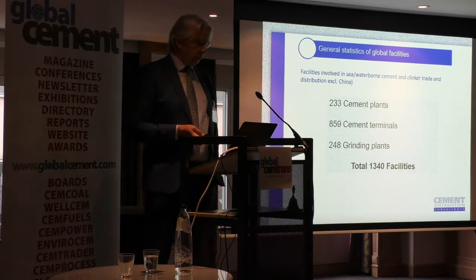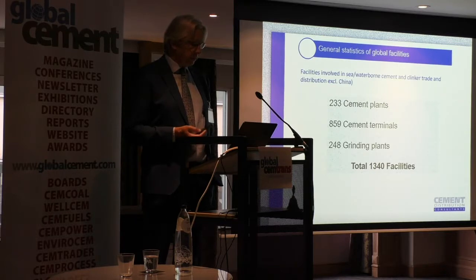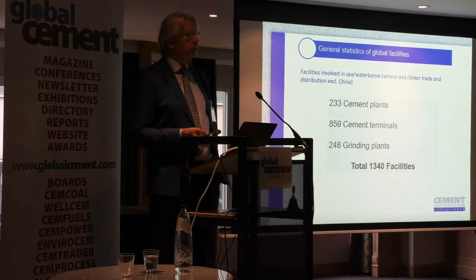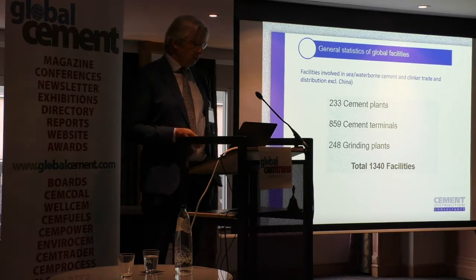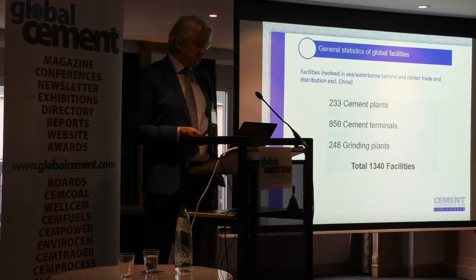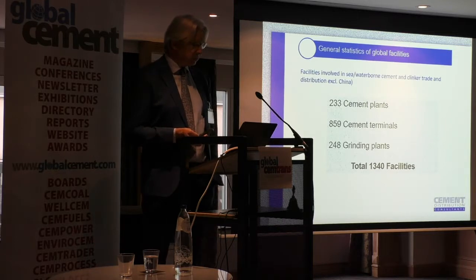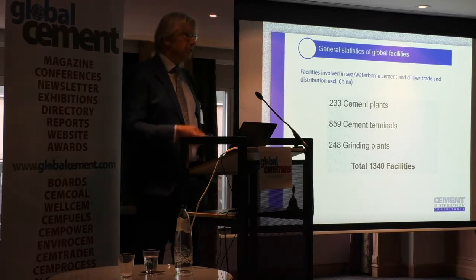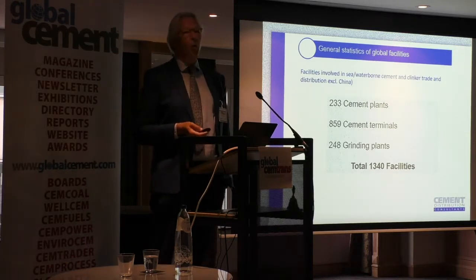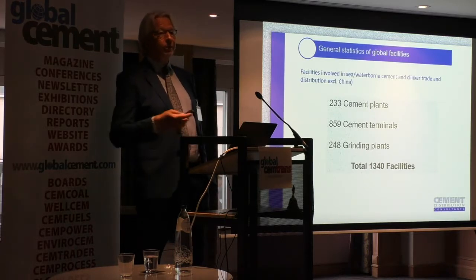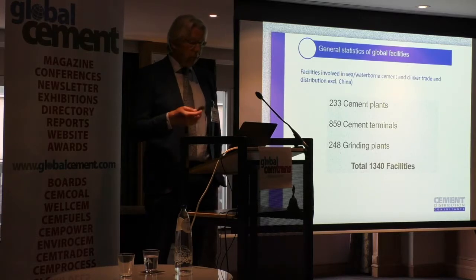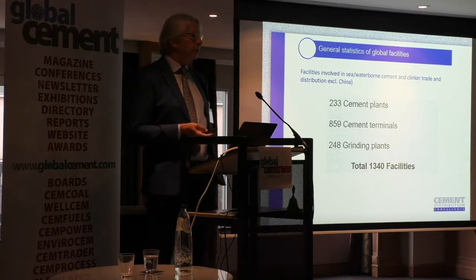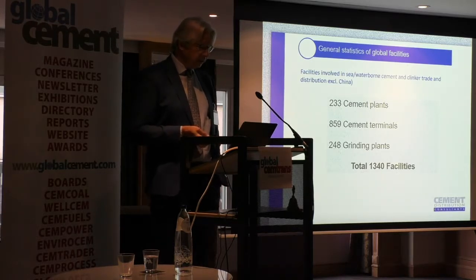So when we look at that situation, we have in total 1,340 facilities involved in seaborne trade and distribution. 233 cement plants, 859 cement terminals, 248 grinding plants. This is, of course, just a moment in time. Every month, new facilities are being added, and we try to keep up to date with that in our database.